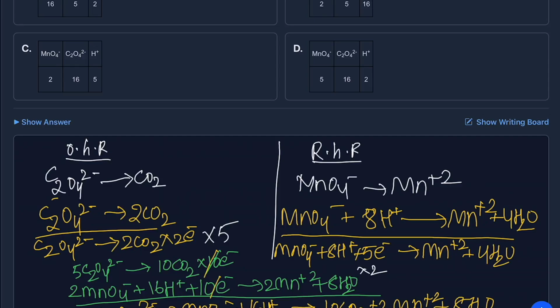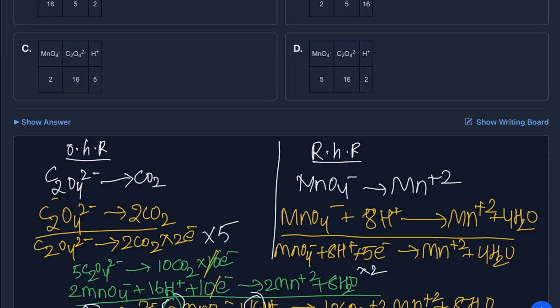How many MnO4 are there for us? 2 MnO4 are there. How many C2O4 are there? 5 C2O4 are there. And how many H plus? 16 H plus. So MnO4 is 2, C2O4 is 5, H plus is 16.